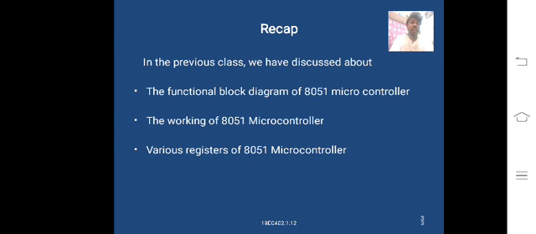Two more bits are used in the program status word, RS1 and RS0. These are the register bank selection bits. Previously we discussed the general purpose registers.